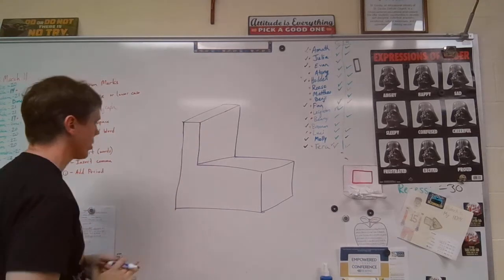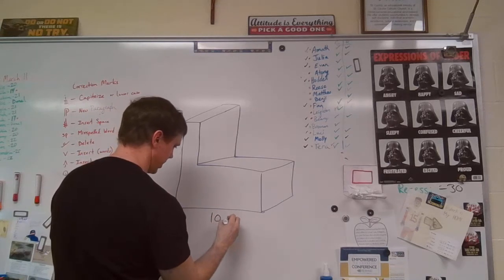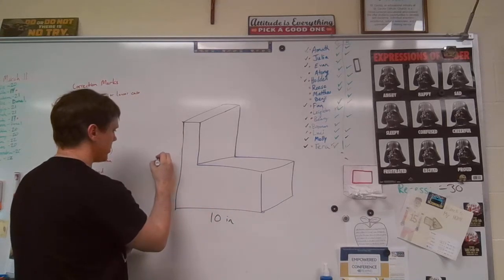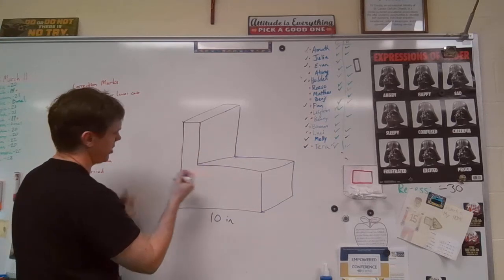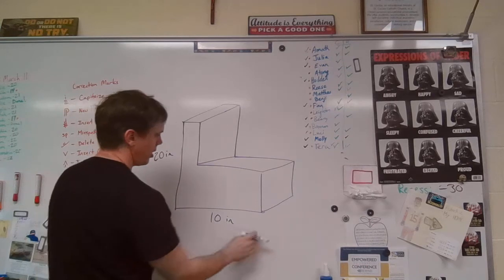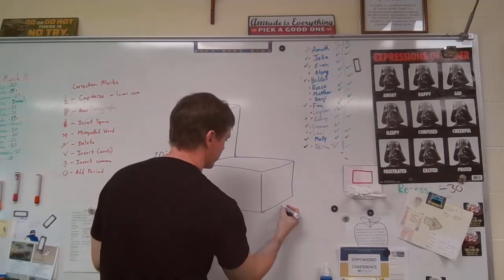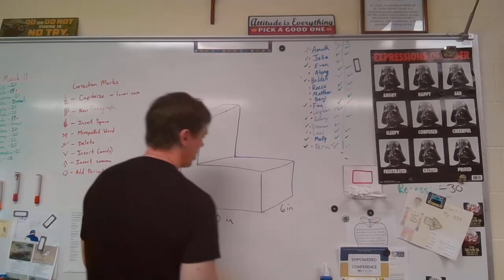There. Okay. Close enough. So let's say that this is 10, we'll say inches. And this is, I don't know, it looks like about 20. Sure, why not? 20 inches. Going back here, this is going to be 6 inches.